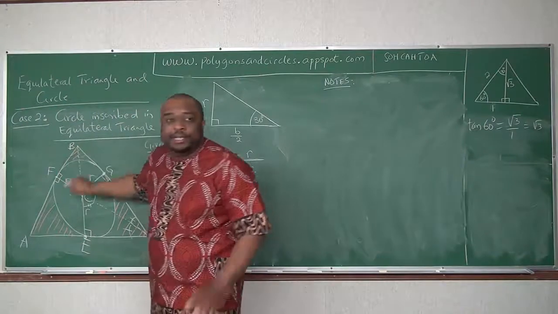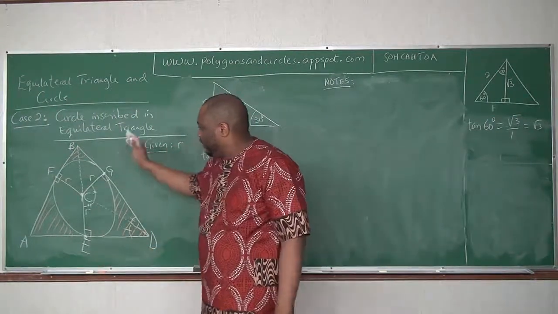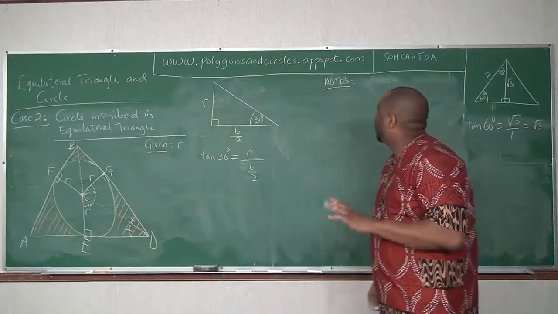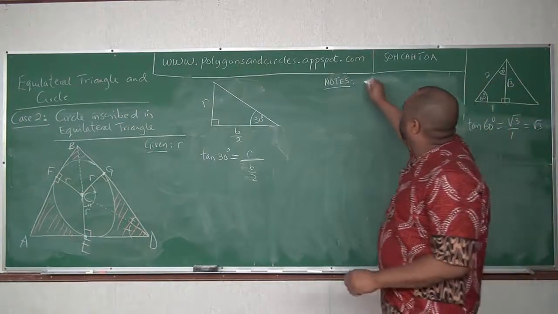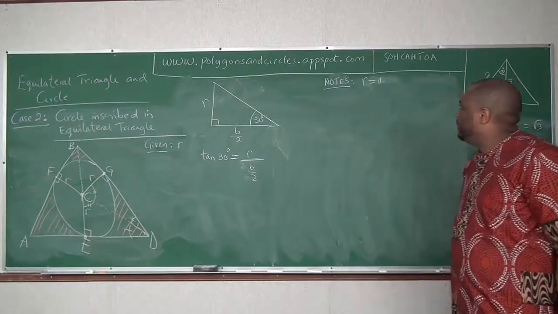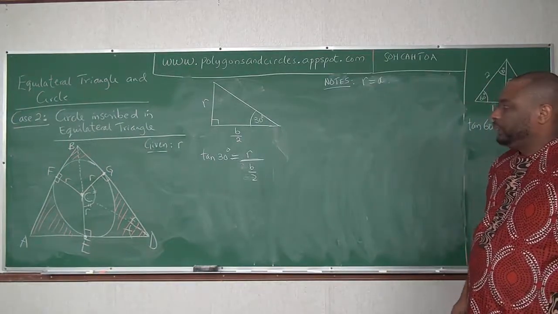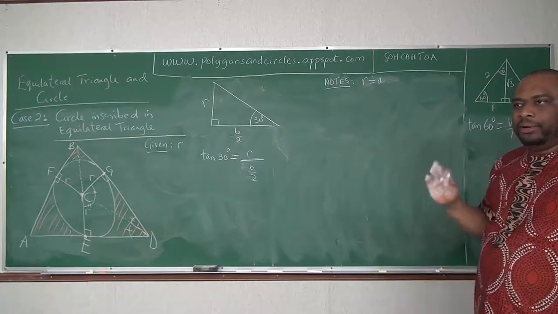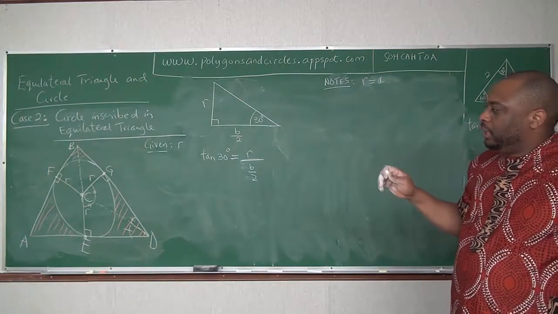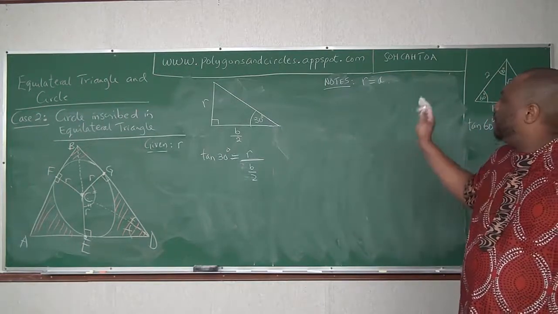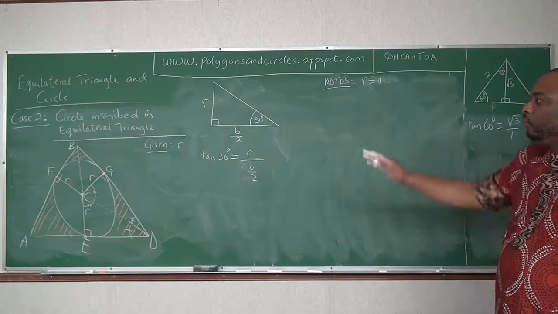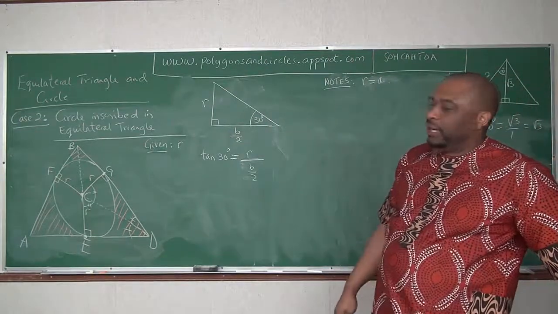So please, we won't do that. But what you have to write is that the radius is equal to the apotem. That is one thing you have to include. That the radius of the circle is the apotem of the triangle, when you have the circle inscribed in the equilateral triangle.